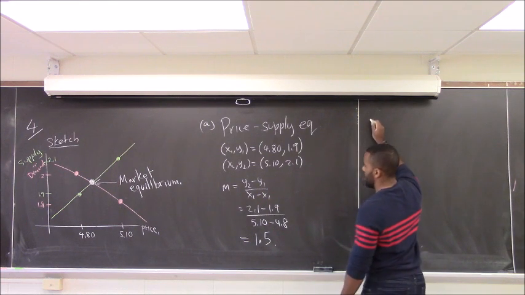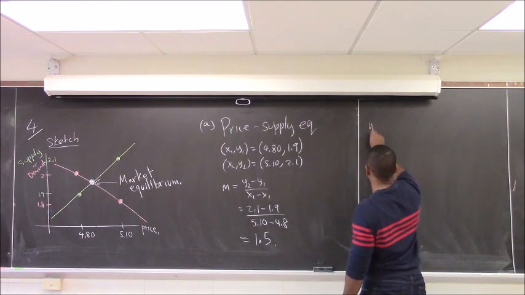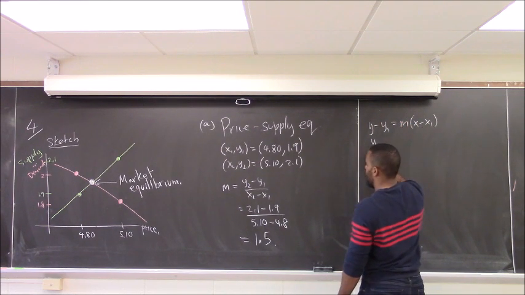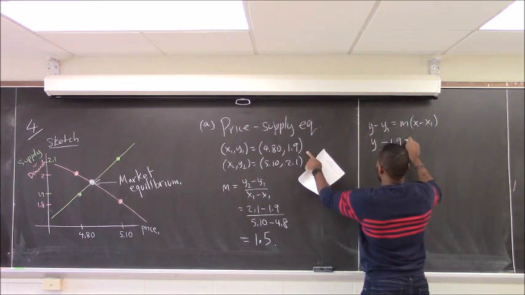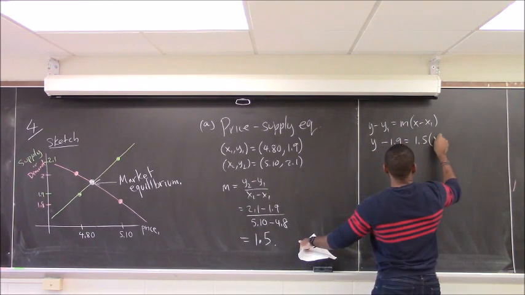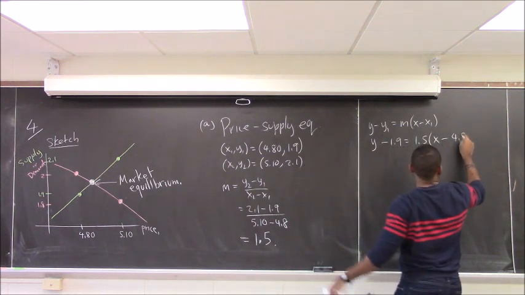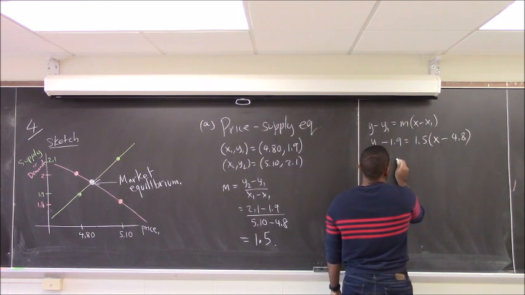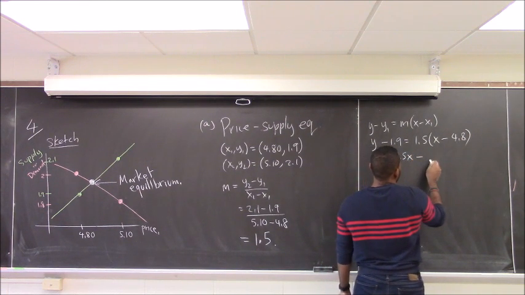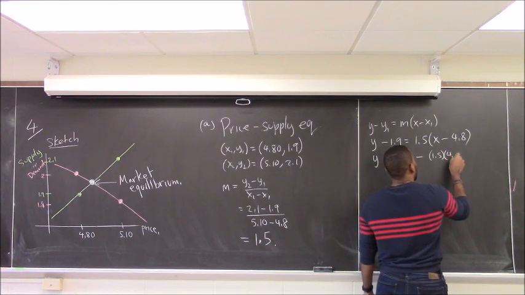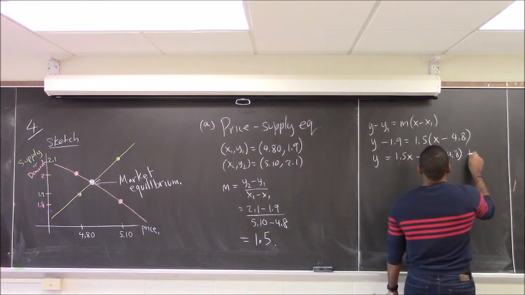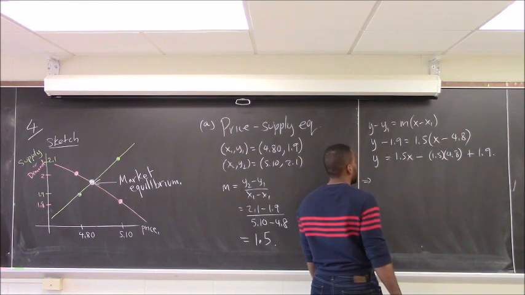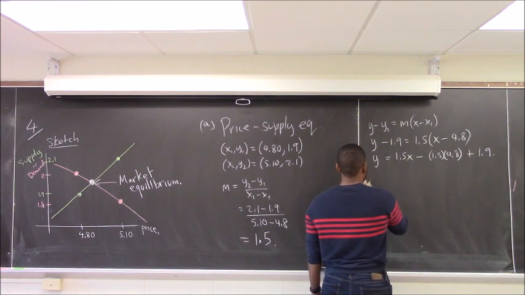And so now you can actually use either one of these points. y minus y1 equals m, x minus x1. So you have y minus, let's use 1.9, equals m, 1.5, x minus the 4.8. So you would have pretty much y equals 1.5x minus 1.5 times 4.8, plus 1.9, and this one looks something like, well, what's that?